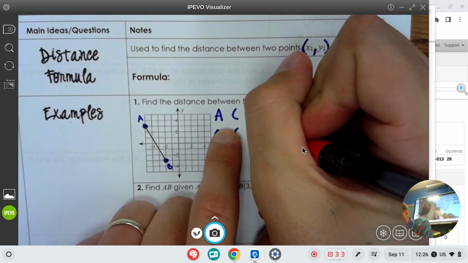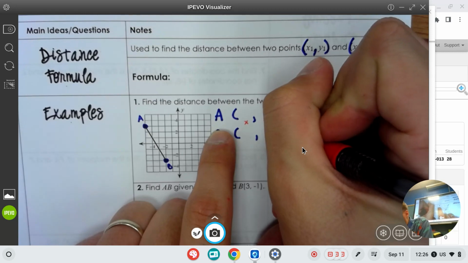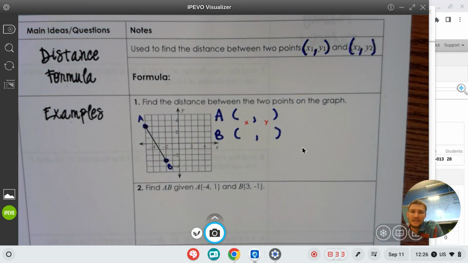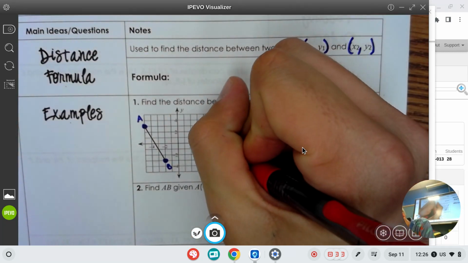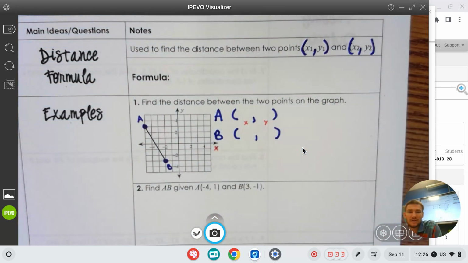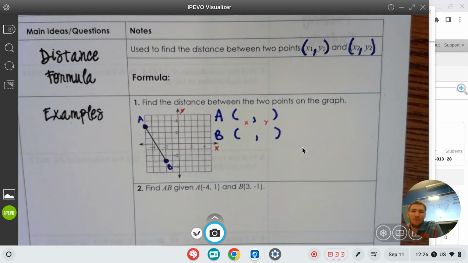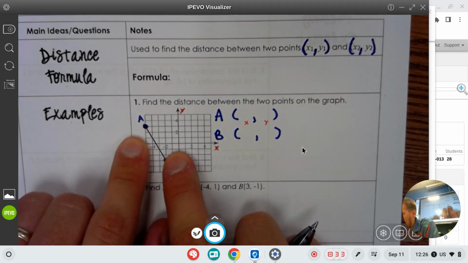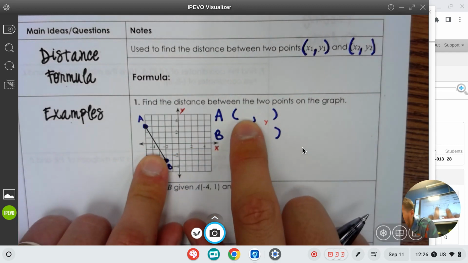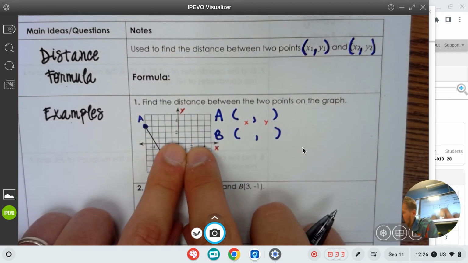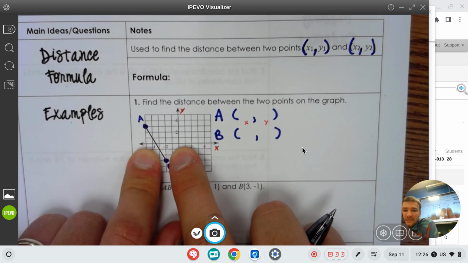Remember that our coordinates always go x first and then y. And remember that our x values are our horizontal left and right values, and our y values are the vertical up and down values. So if I'm talking about A first, does anybody know what the coordinate for A would be? Or maybe just even the x coordinate?